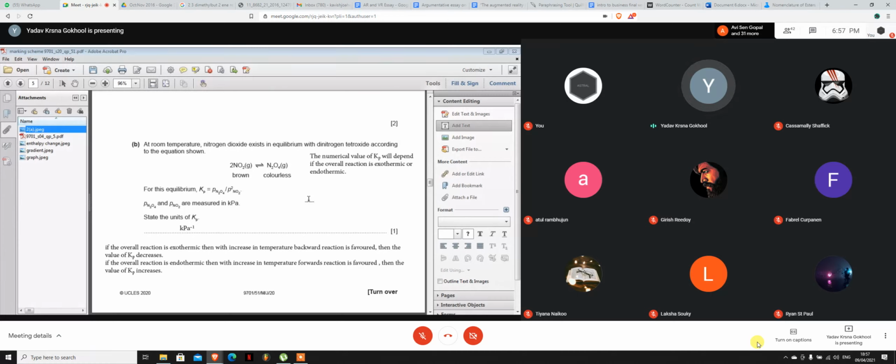Last time we looked at one part where I told you that Kp, Kc, Pc, and Ksp values change with temperature.